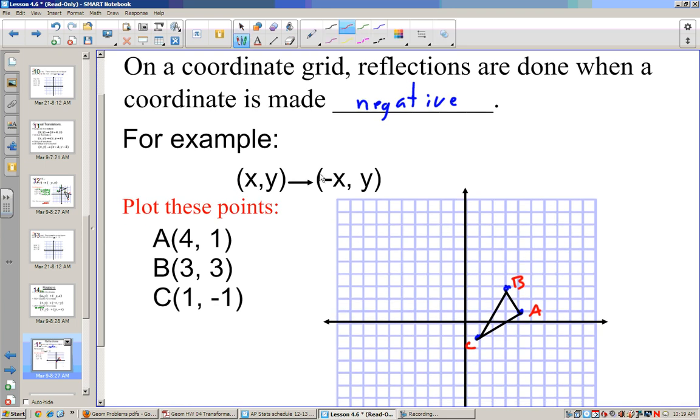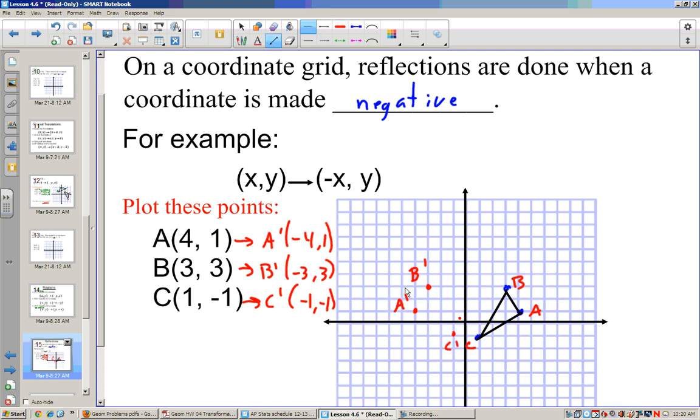Now, if I make this negative x, y, that means my A prime will now be negative 4, 1. So now I go negative 4, 1, that's my A prime. Now 3, negative 3 will go to negative 3, 3, and negative 1, 1 will now go to negative 1, negative 1.